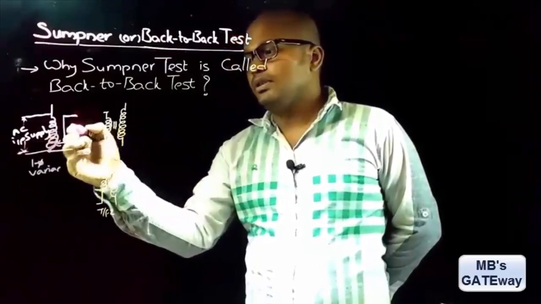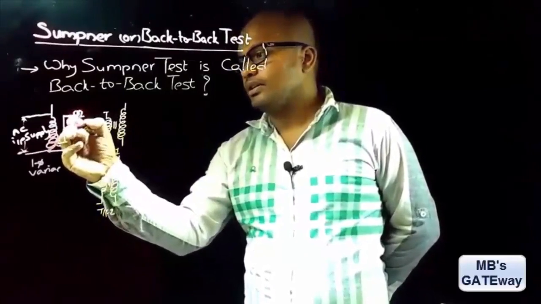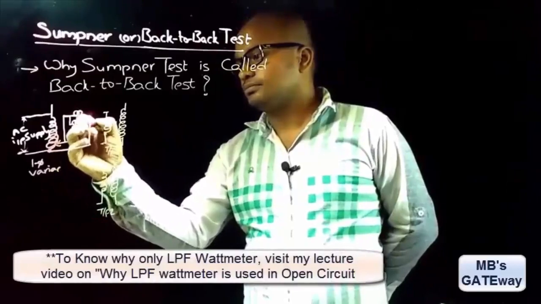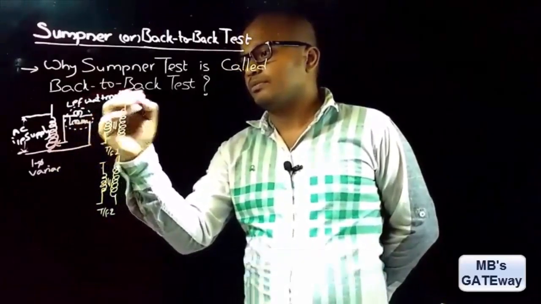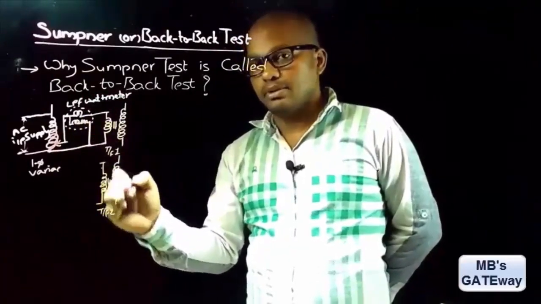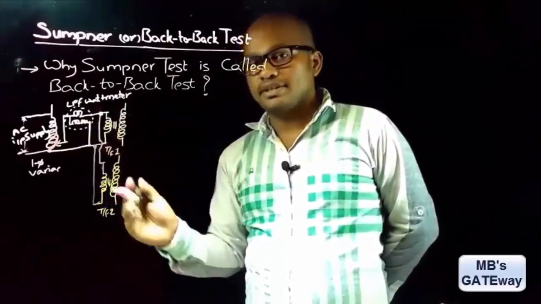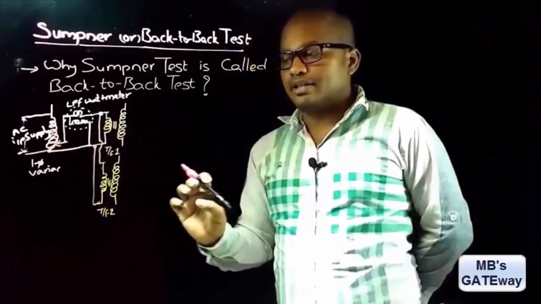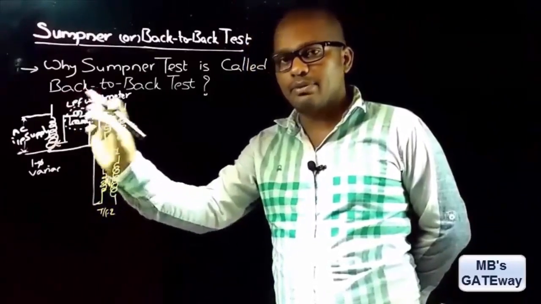To measure the input power taken by these transformers, we connect an LPF wattmeter. The primary of transformer 2 is connected like this, which means the primaries of the transformers are connected in parallel, and the power taken by these two transformers is combinedly read by this LPF wattmeter.